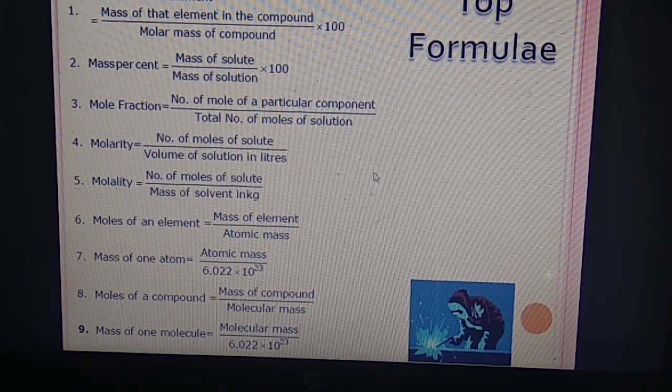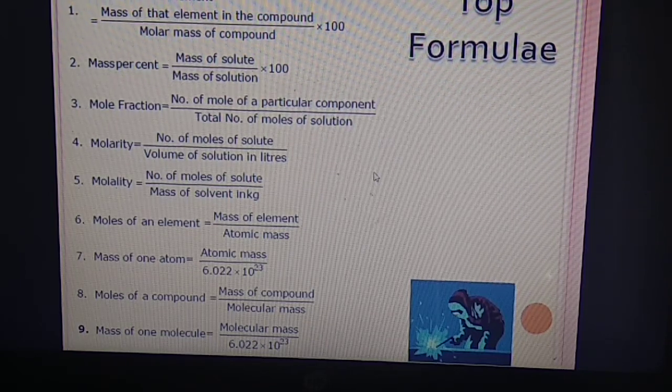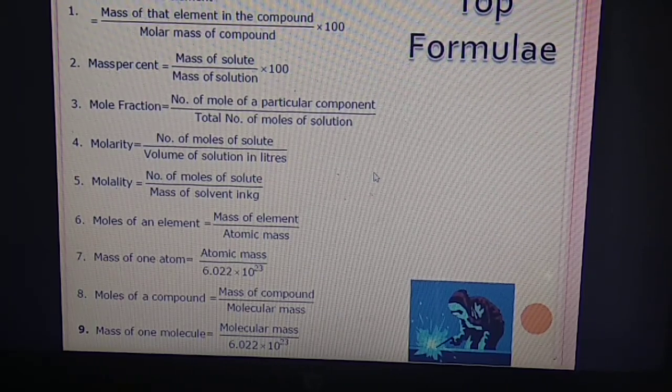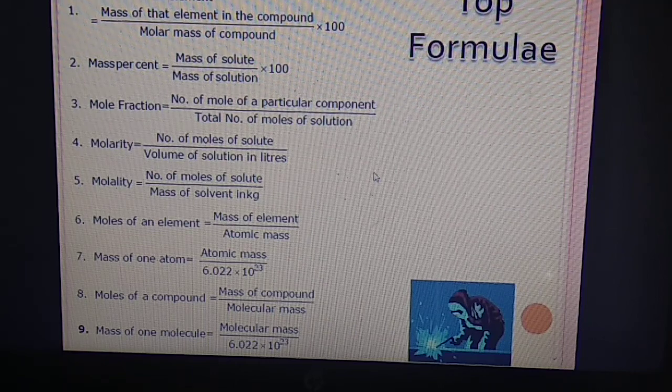How this is possible, I am explaining now. You know, students, atomic mass means mass of Avogadro's number of particles. Suppose there are 6.022 into 10 to the power 23 particles present in 12 gram of carbon. Atomic mass of carbon is 12 gram.